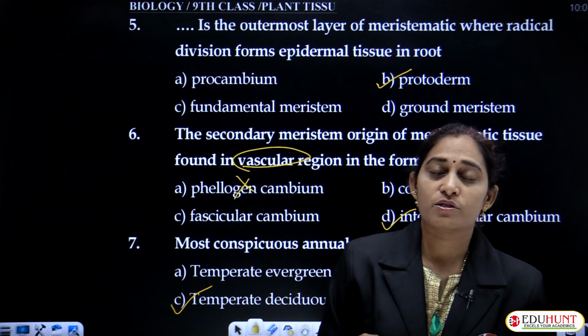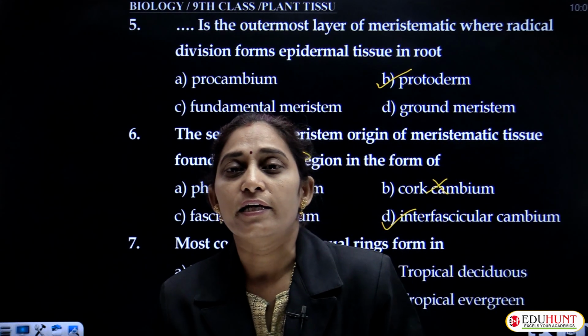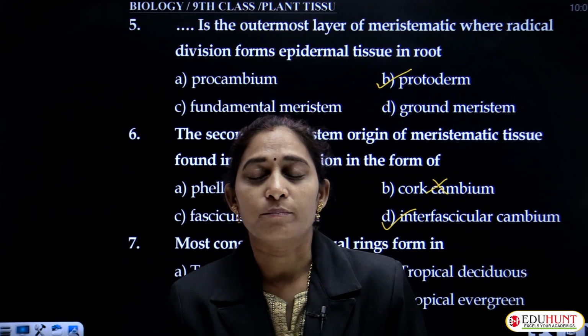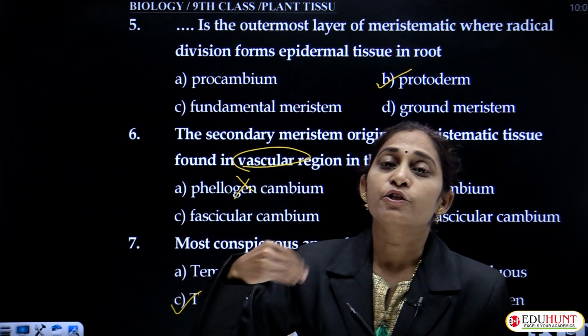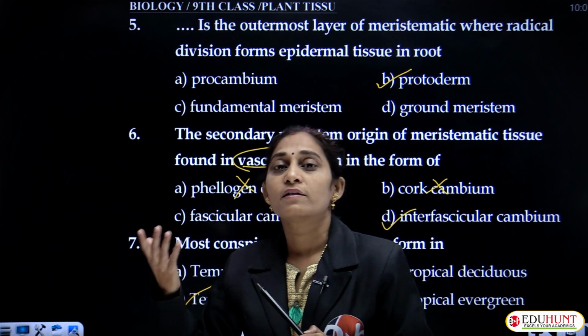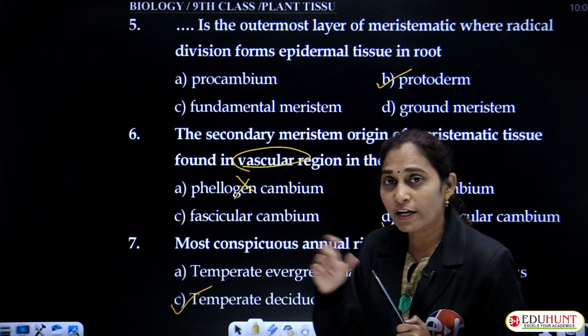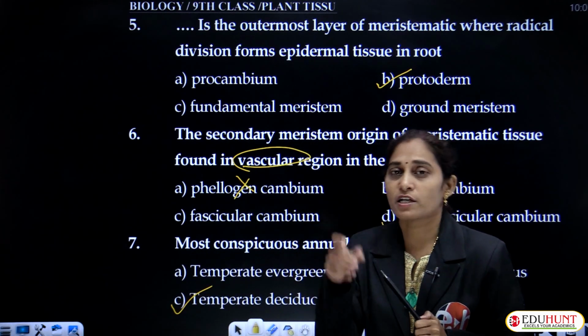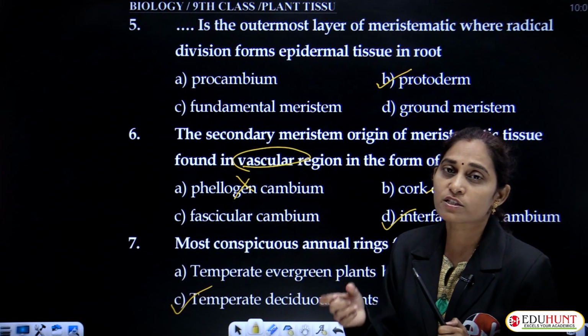In temperate deciduous regions, the plants shed the leaves during autumn and produce new and more leaves in the spring. The variation between these two seasons is very sharp.